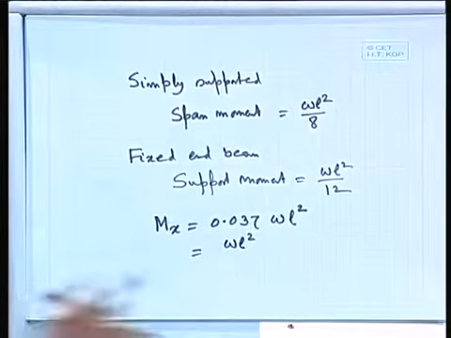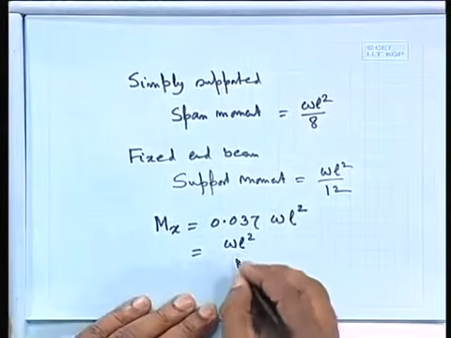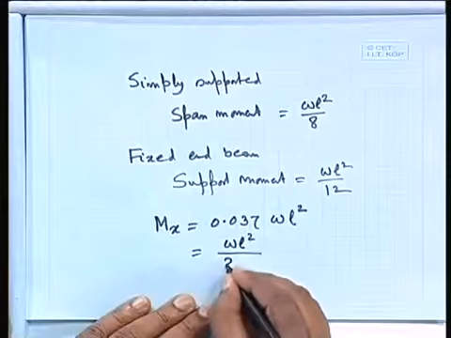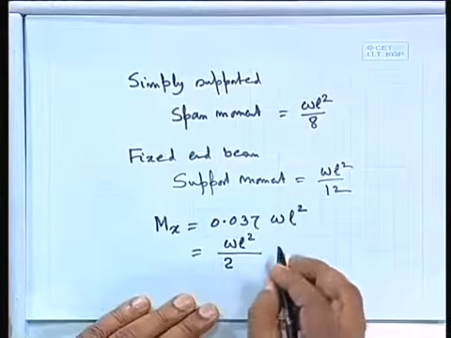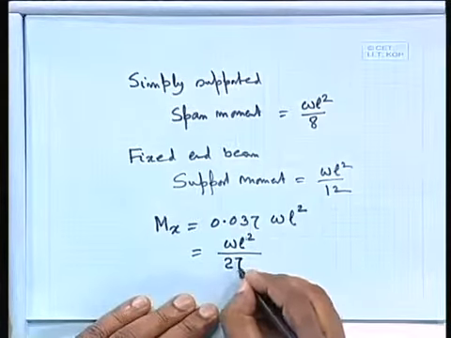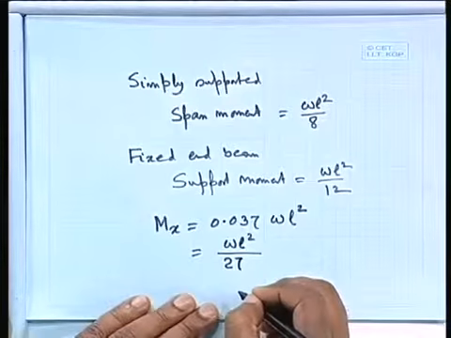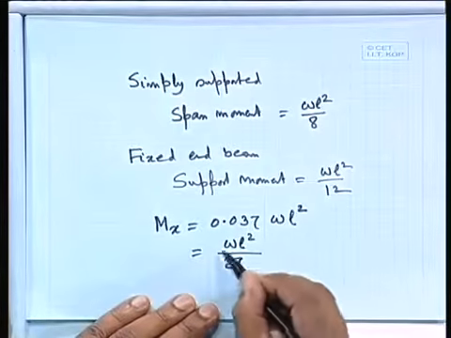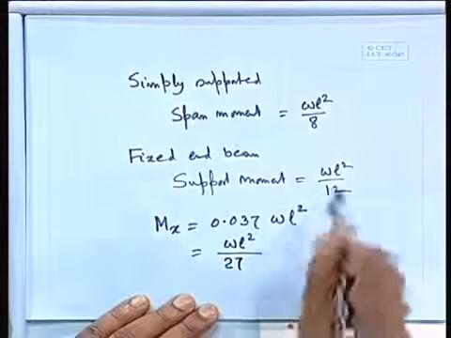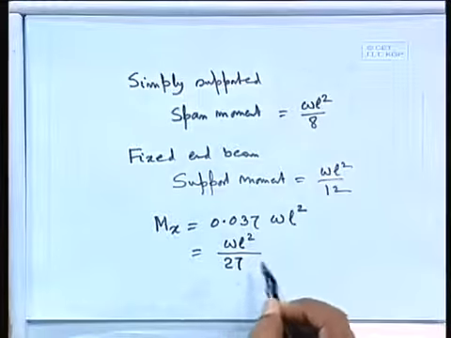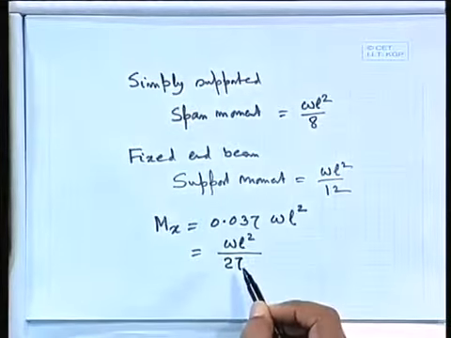I would like to write down in this fashion because I am familiar, which is coming 27.027. Let us write down WL square by 27. That means you can find out how much is the moment. That WL square by 8 here, and here you are getting WL square by 27.